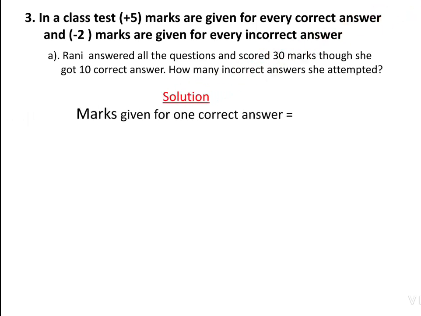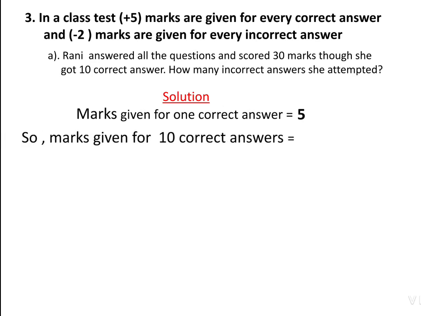First, marks given for one correct answer equal to 5. Then how many correct answers are there? 10 correct answers. Marks given for 10 correct answers equal to 10 into 5 equal to 50. So she got a total of 50 marks, but Rani's score equal to 30 marks.